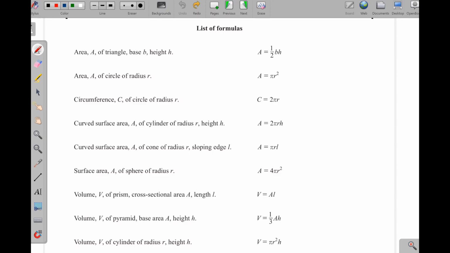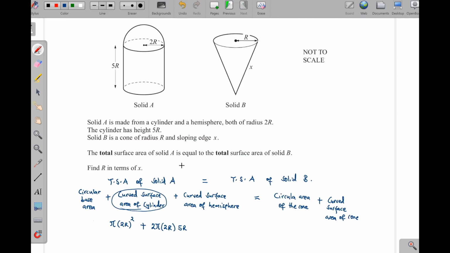But since on the other diagram we are having our cylinder like this, we shall get a half of the surface area of the sphere. So a half of this will be 2 pi r squared.